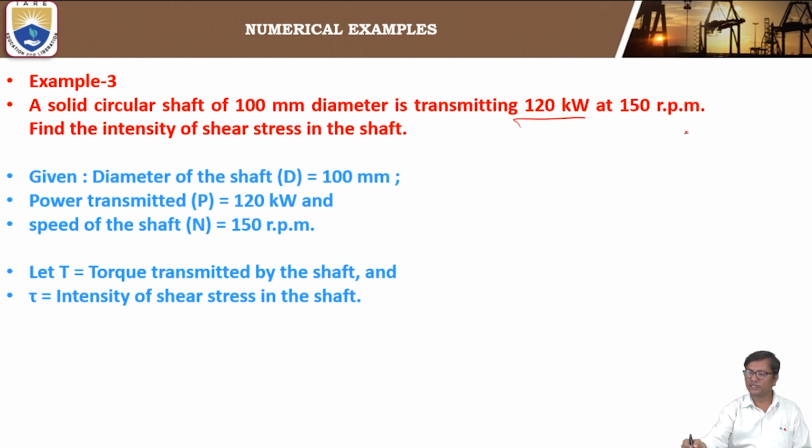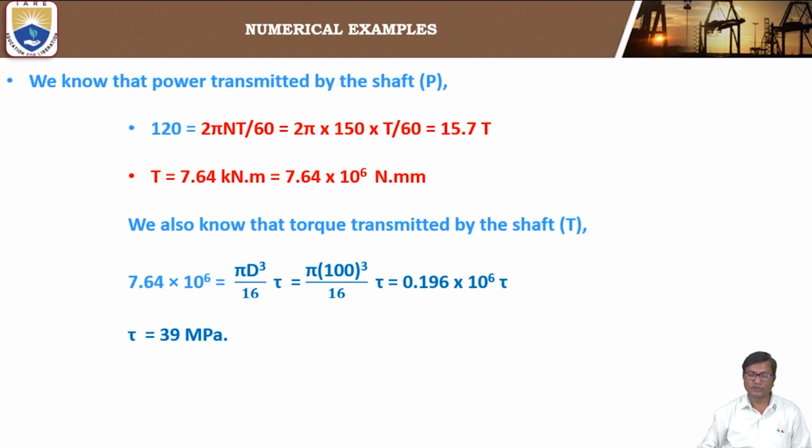Power transmitted at a speed of 150 revolutions per minute is given by a circular shaft of 100 mm diameter. So, it is also direct substitution only. So, P is equal to 2 pi NT by 60.